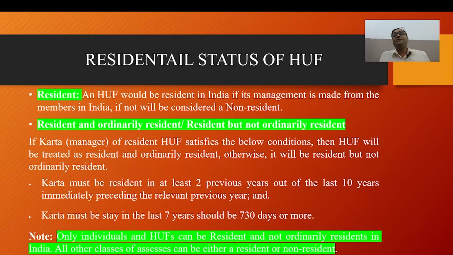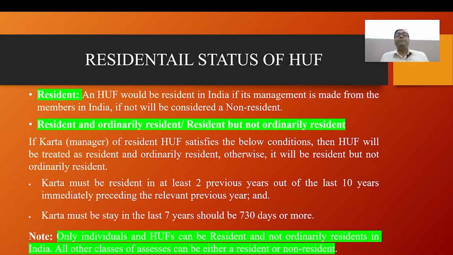Section 6 clause 6 sub-clause B. A Hindu undivided family which is resident in India is said to be resident but not ordinarily resident in India during the relevant previous year if the manager or karta of the Hindu undivided family does not satisfy either of the two conditions: staying 2 years out of the last 10 years, and 730 days in the last 7 preceding years. We can call these conditions A and B.